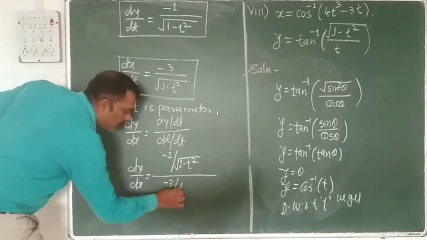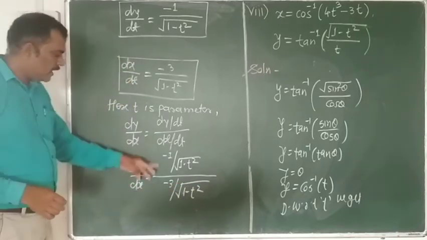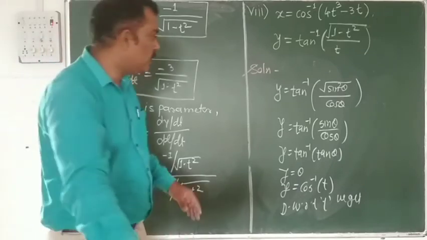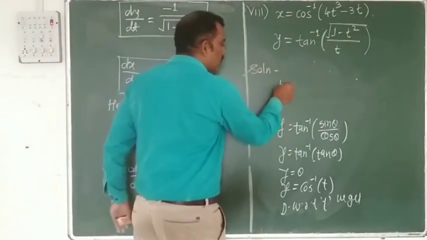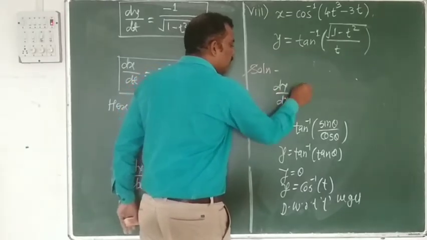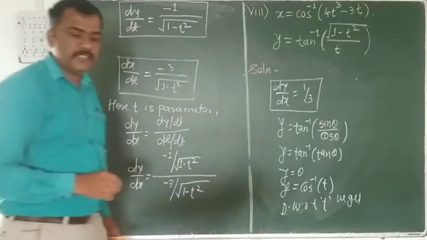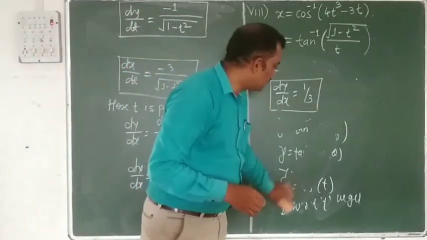Minus minus get cancelled, square and square root get cancelled, so dy by dx is equal to 1 by 3, which is the required answer.